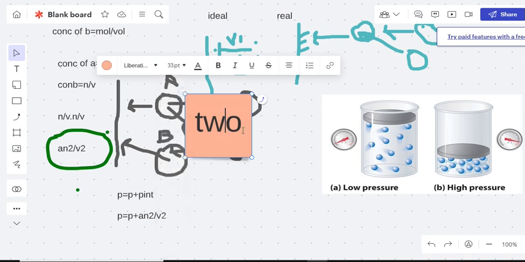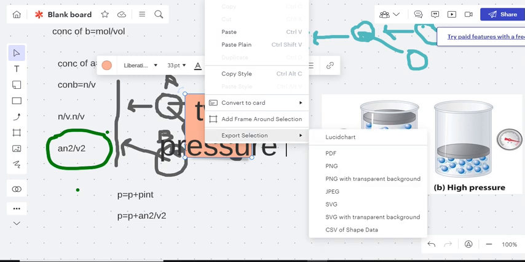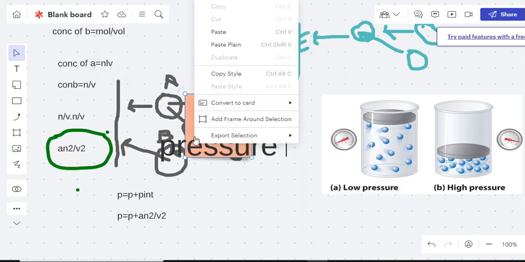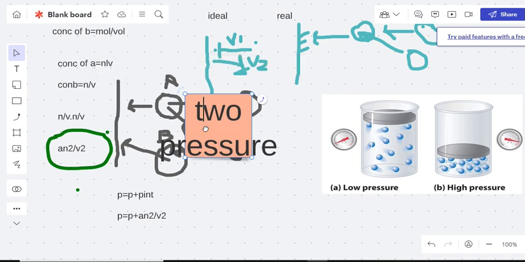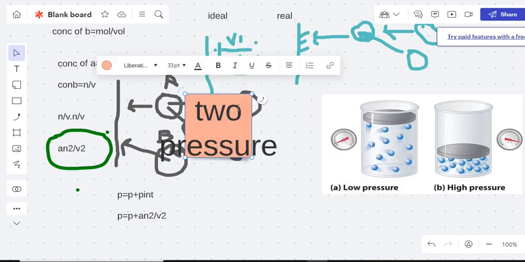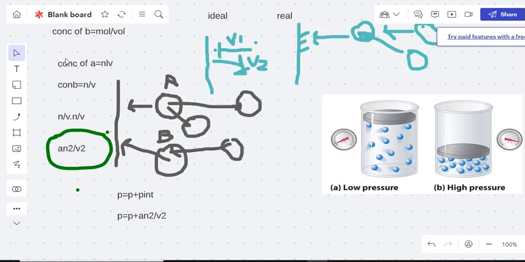Let me try it again. Two pressure here. Okay, so this is very giant. I must leave it. So it's a little bit confusing for me as well. So let's leave it. Okay, so this is done.